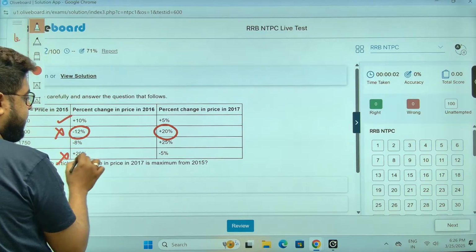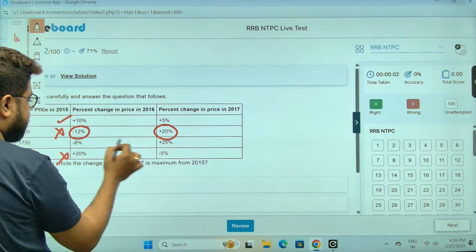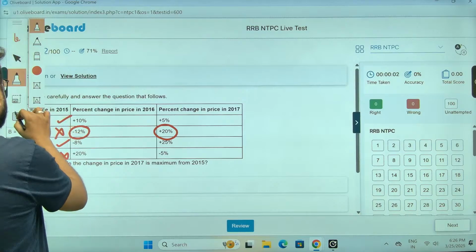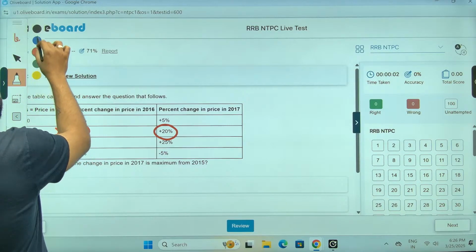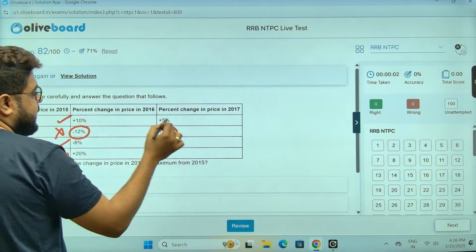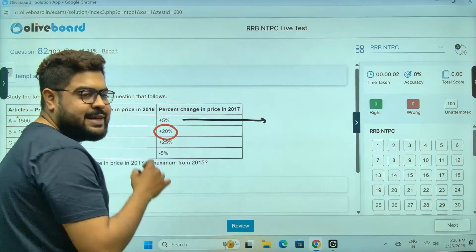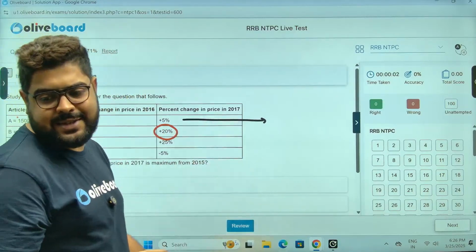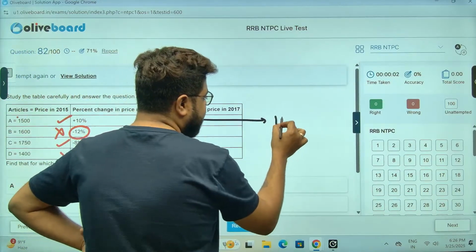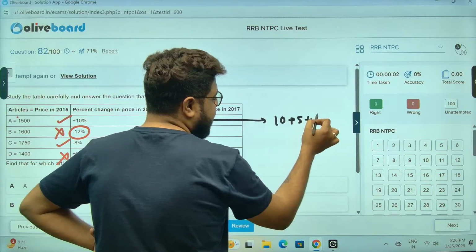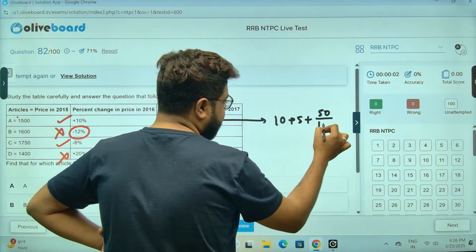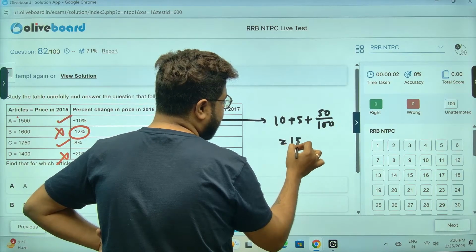Again, this won't happen. So these two are possibilities, sir. I'll only check for these two. Successive percentage change can be checked. The best way is, sir, use the AB theorem. 10 plus 5 plus 10 into 5, 50 by 100. So that is 15.5%.